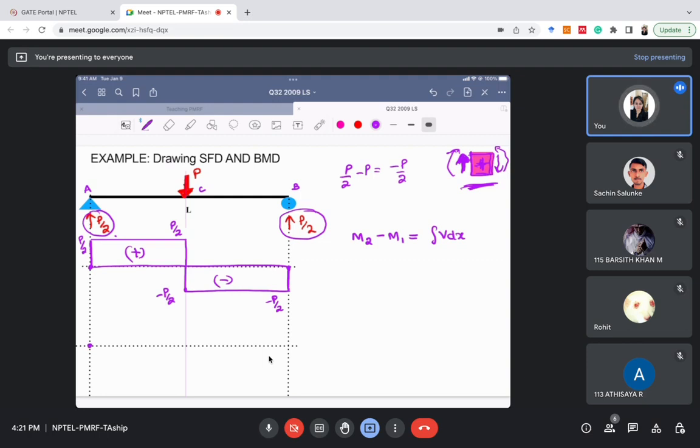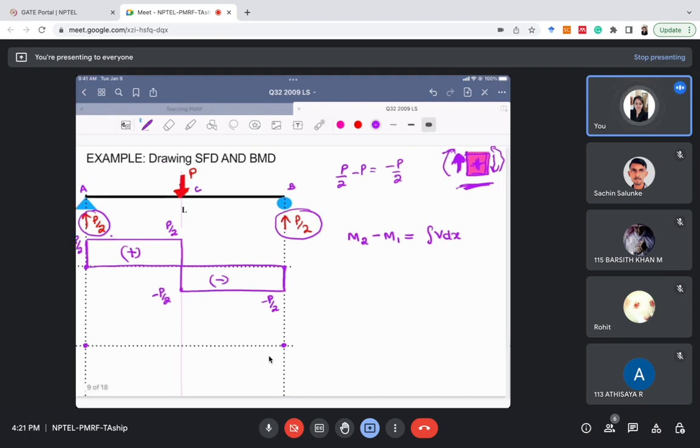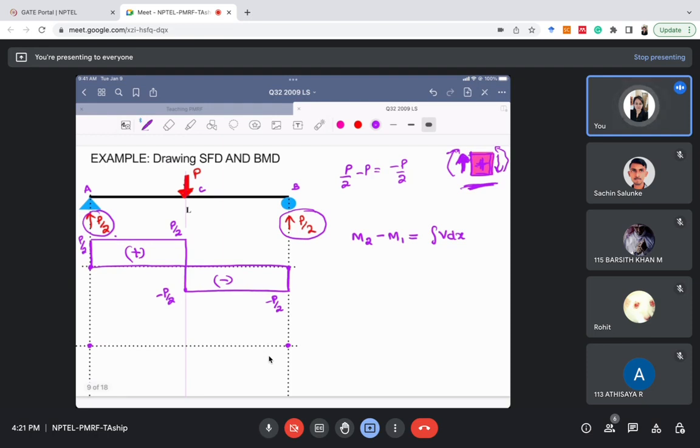Why? Because section A is a hinge. Similarly, at section B also the bending moment is 0. Now we don't know the bending moment at section C. We will first draw the bending moment for section AC.